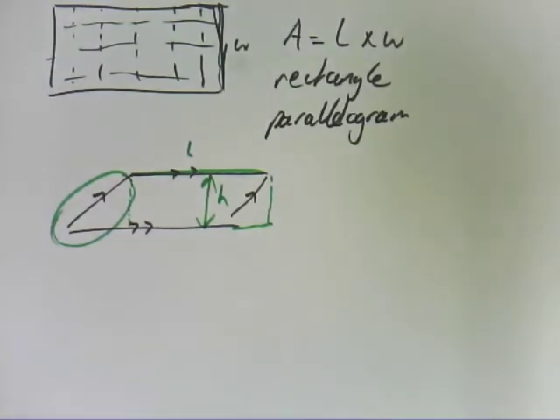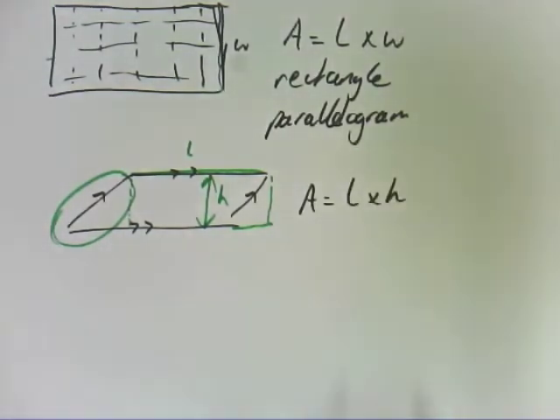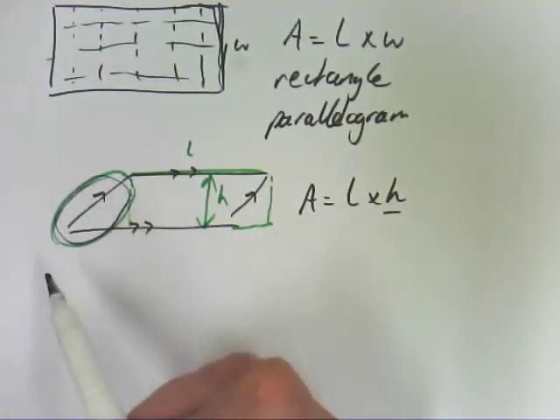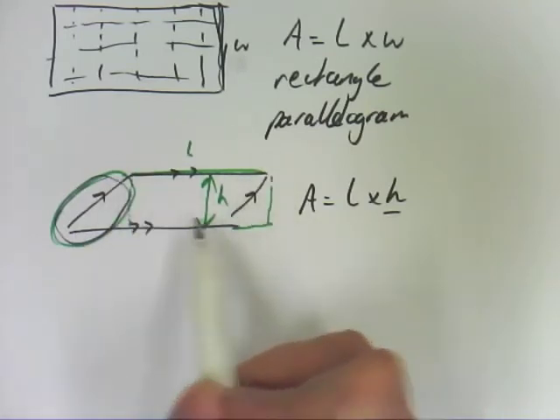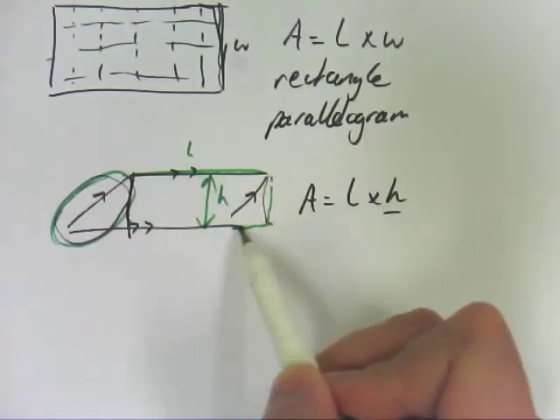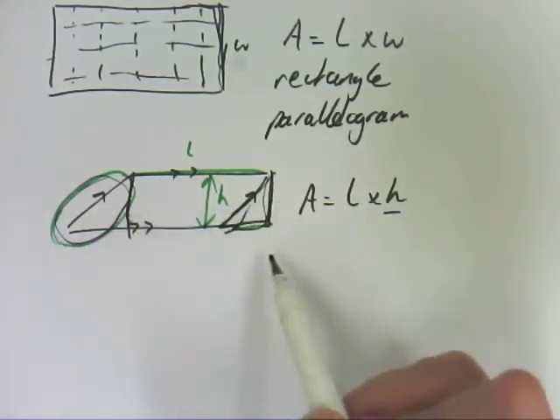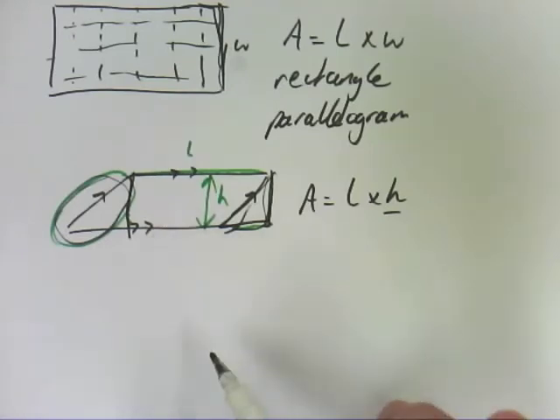It is written a little bit differently: area equals length times height instead of width. That's the only difference. If you want to try this, draw yourself a parallelogram on paper, cut off that edge and glue it over here, and you will find that those two triangles fit together and you end up with a rectangle.